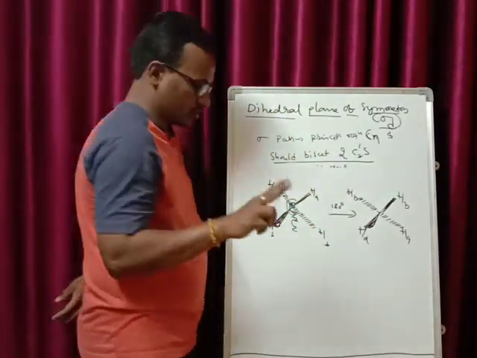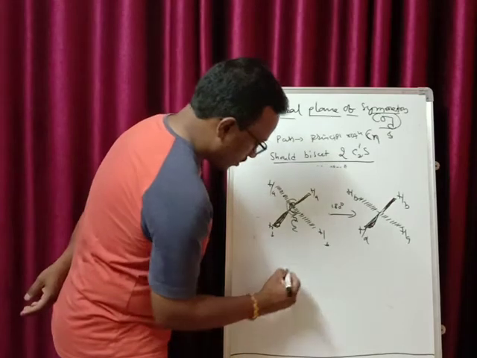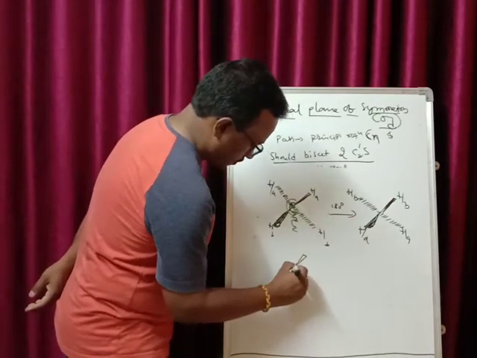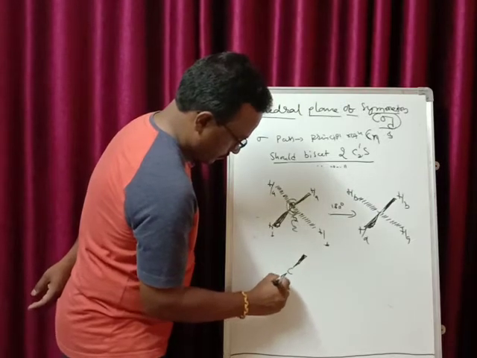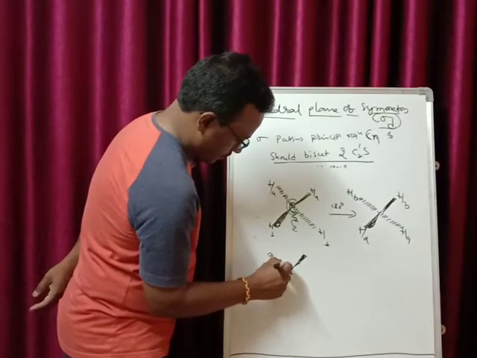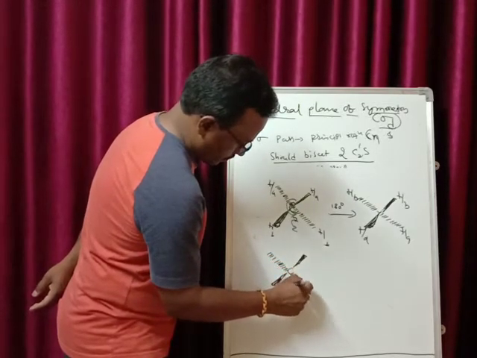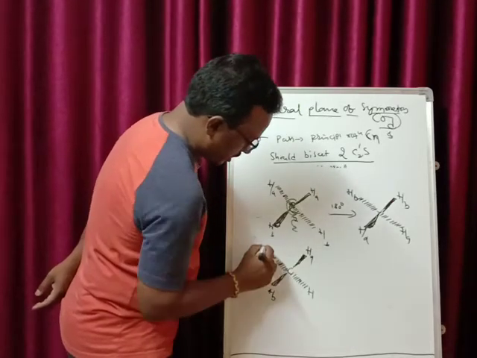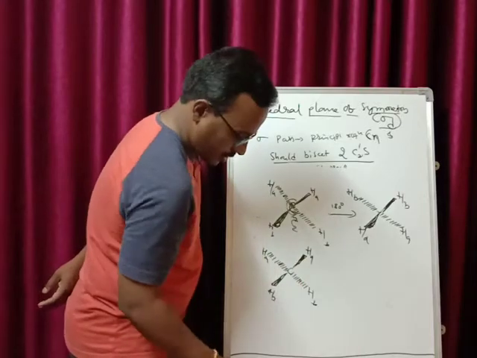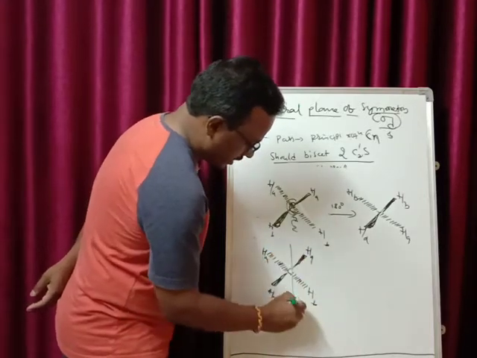The other two C2s, HA, HB, HA, HB, will be like this.